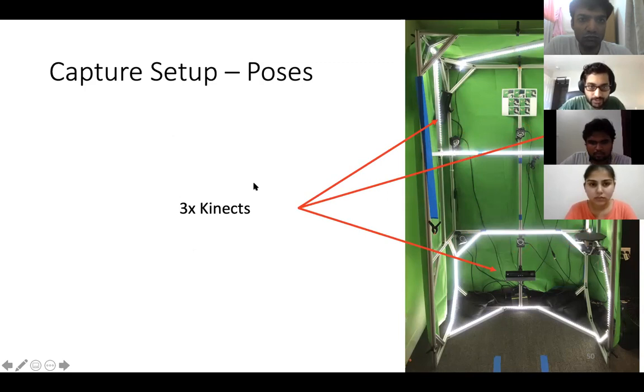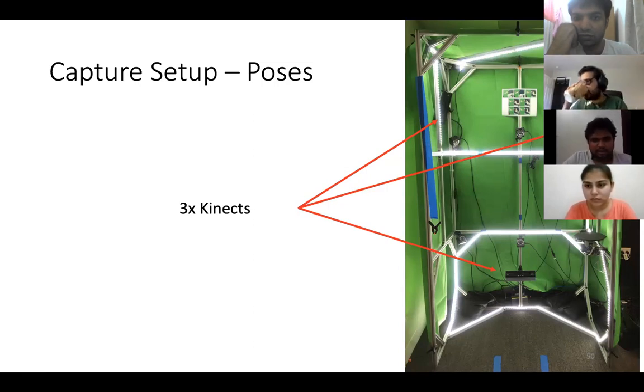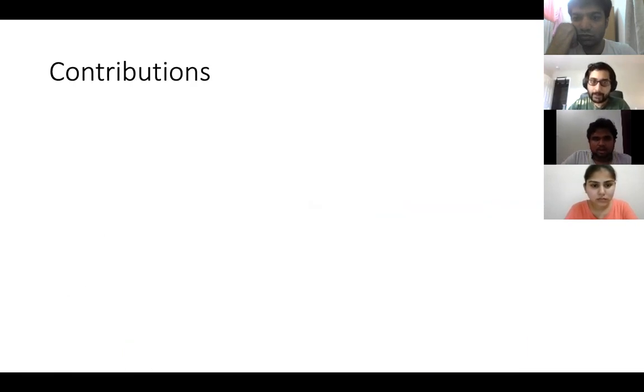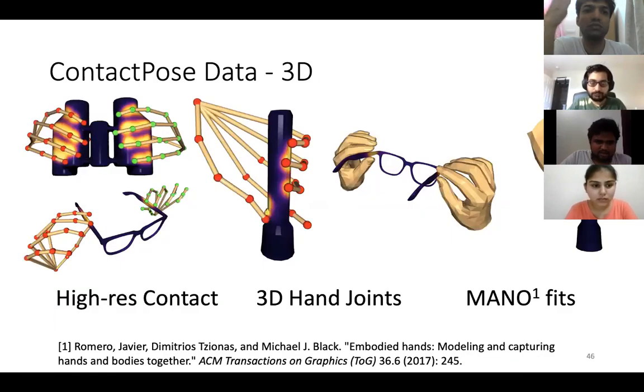I think there's a question. Swaroop, you can unmute yourself and go ahead. Yeah, in the previous slide you said you're using the hand pose along with the contact map. At the end, you have created a data set.